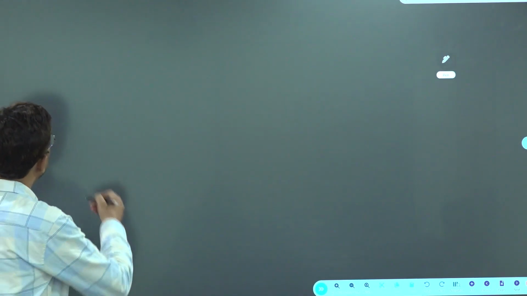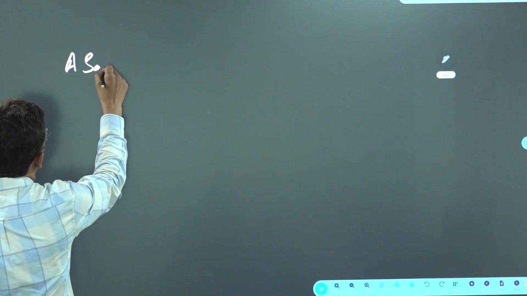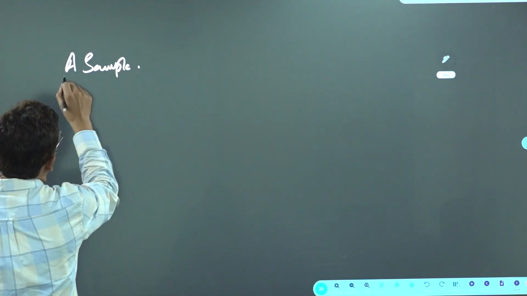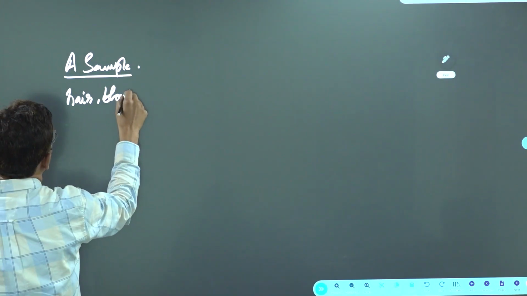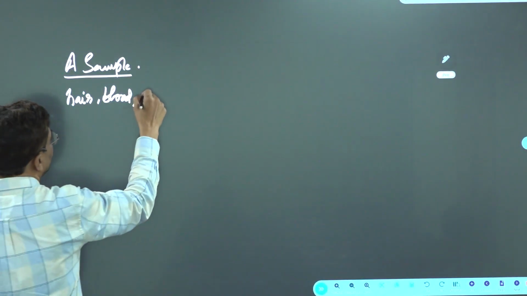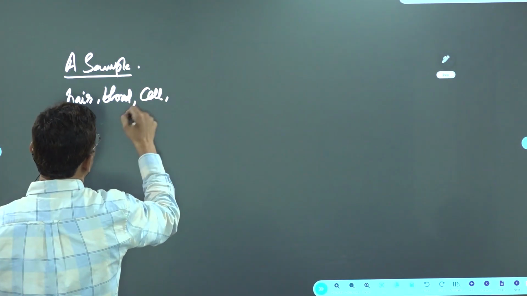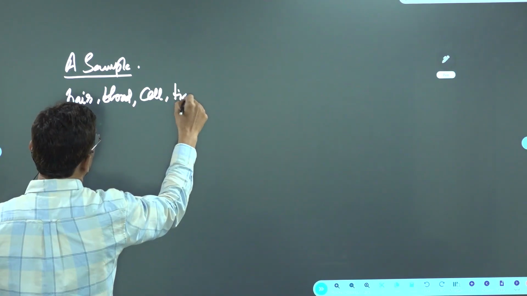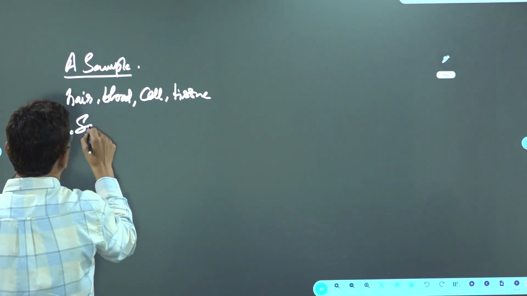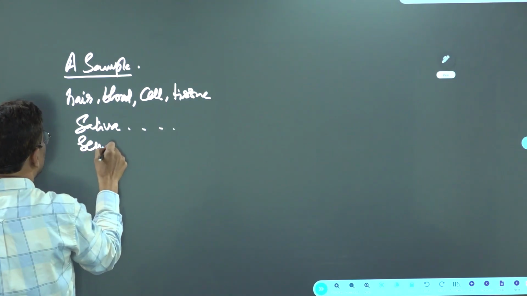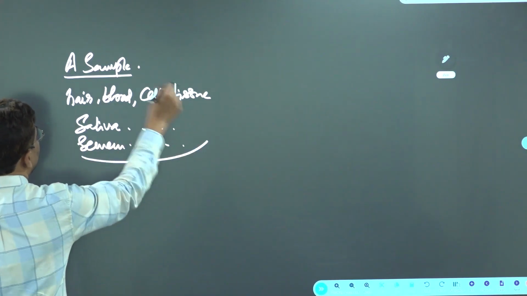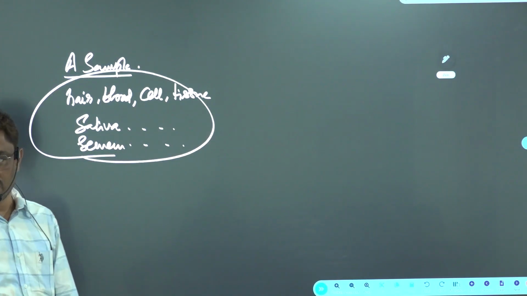How? A sample is collected from the scene of offense. Samples like hair, blood smear, any cell, tissue, saliva, semen can be collected from the scene of offense.